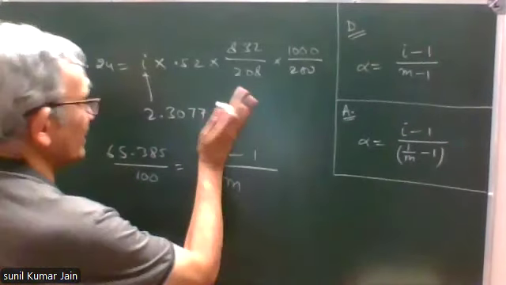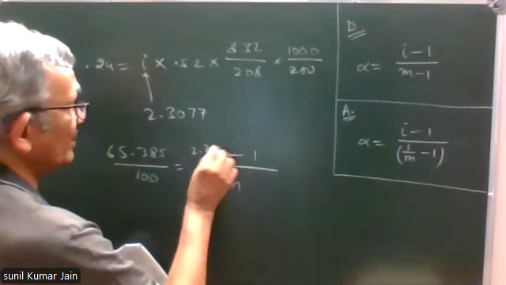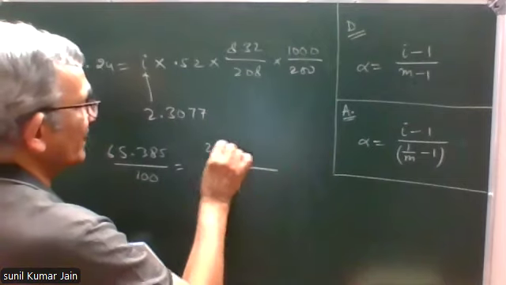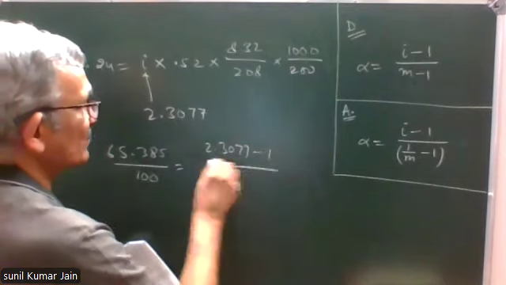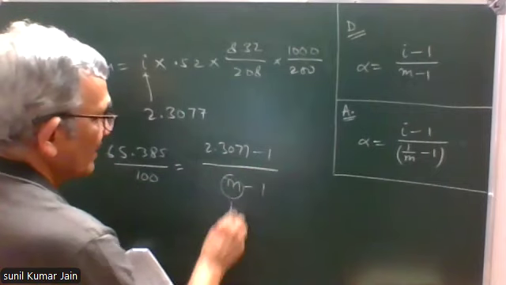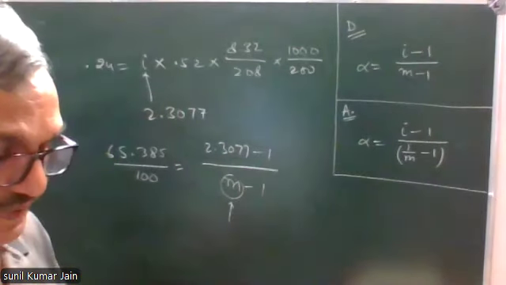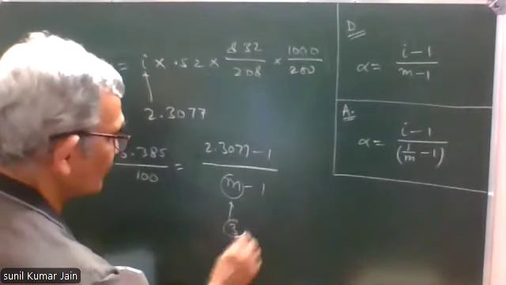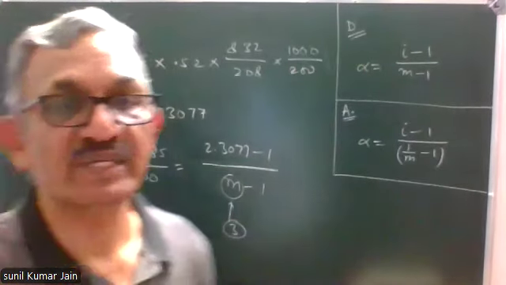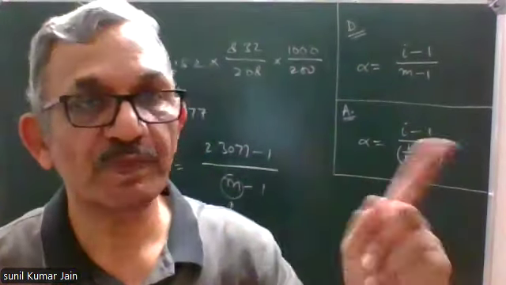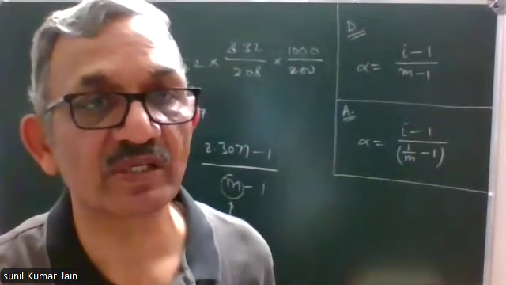I we have calculated. This is I, 2.3077 minus 1. Now from this calculate the value of M. This will come out to 3. M is 3 means one molecule splits into 3 ions. That is the molecular state.